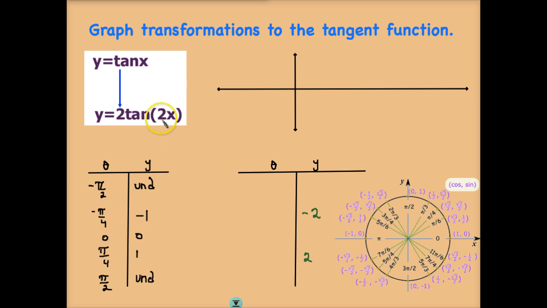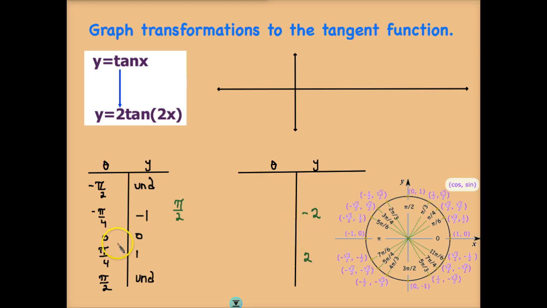Okay, what about the 2x? That's our period. Our normal period is pi, meaning we complete one full rotation in pi. But if we divide this by 2, that means we're going to complete one full rotation every pi over 2. So that's going to change our thetas.